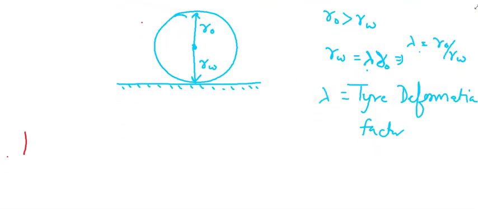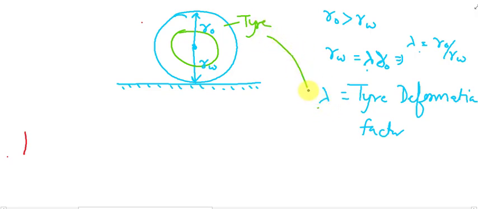Suppose this is a tire. This lambda depends only on the air pressure of the tire.